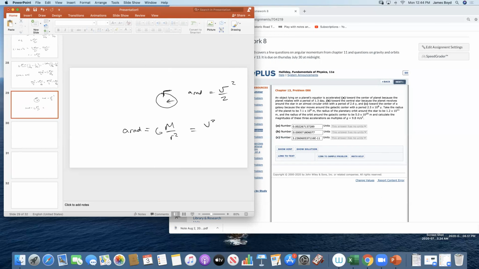So if this is equal to v squared over r, you can see that v is equal to, I'm so sorry, I'm being dumb. It's not 2, it's r. So this is the square root of GM over r. Yeah, no, that's fine.